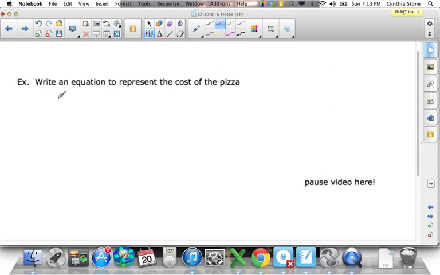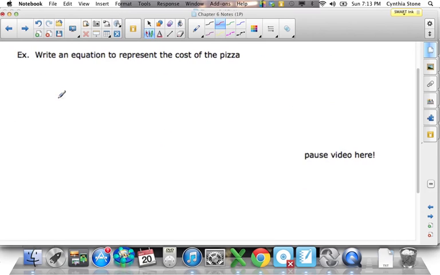Next. Oh, write an equation to represent the cost of the pizza, and this is really important. So, for a partial variation relationship, what you have is this.